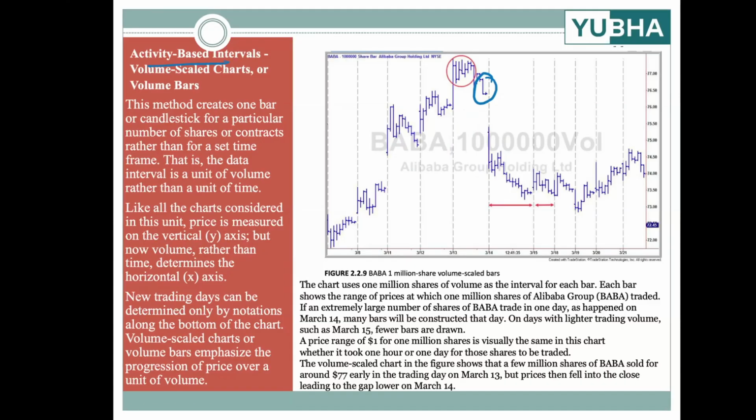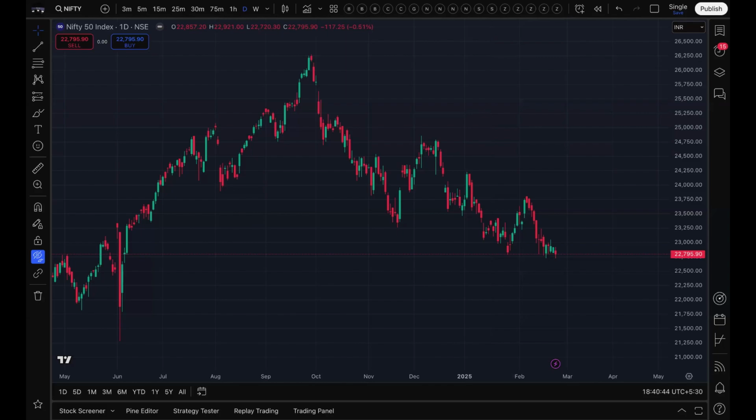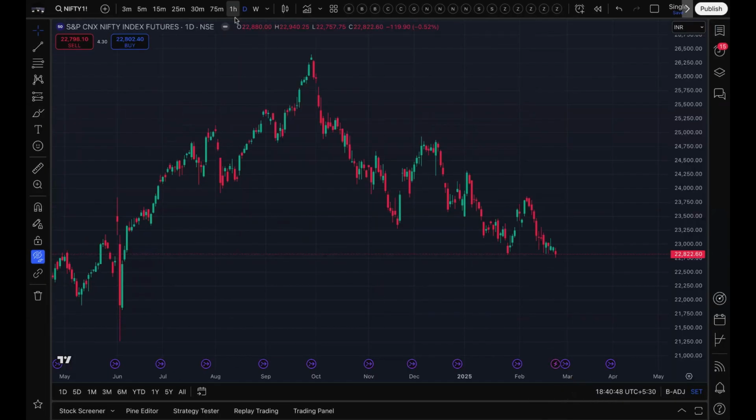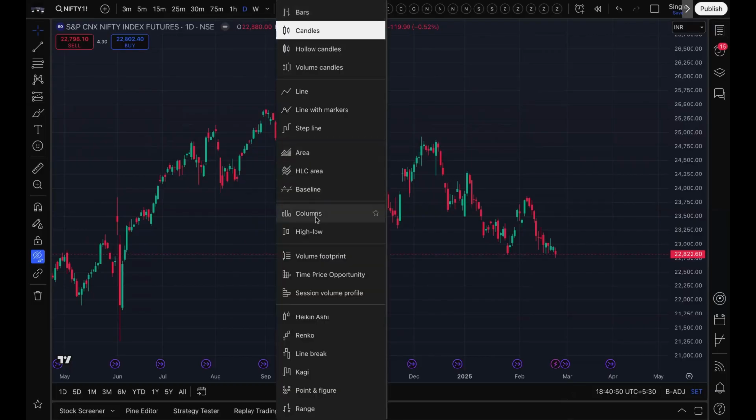Let me just see if I can get that on trading. We haven't used a lot of time based bars, but let's see. I prefer to go on Nifty futures, and let's see what we have here.